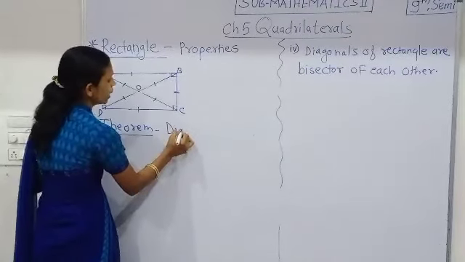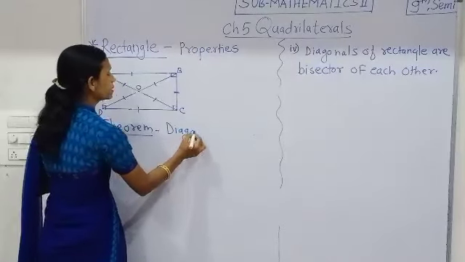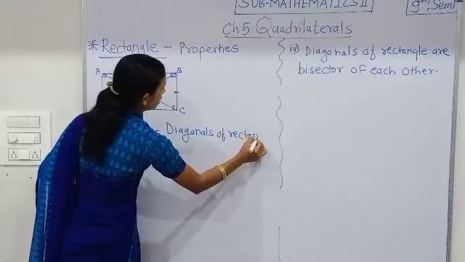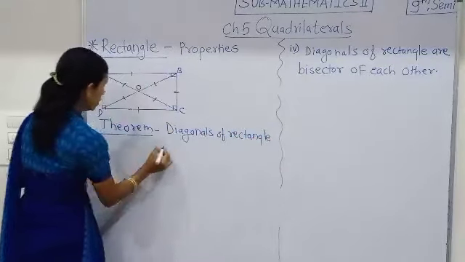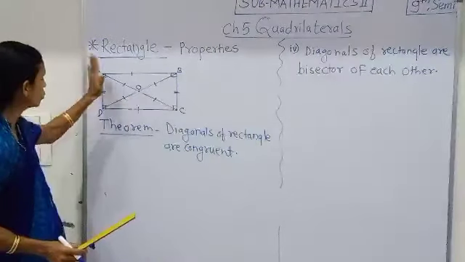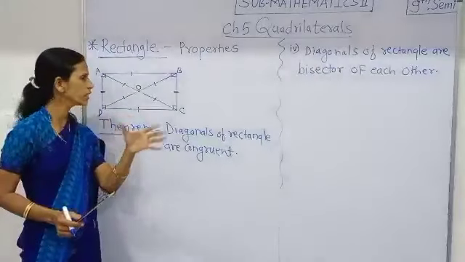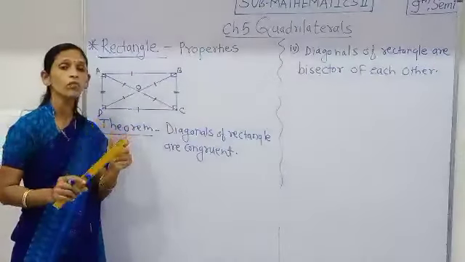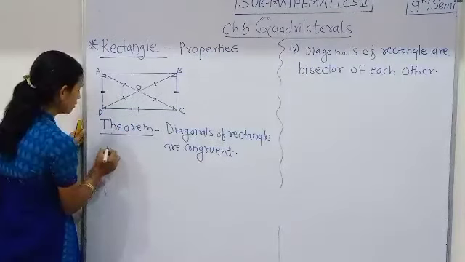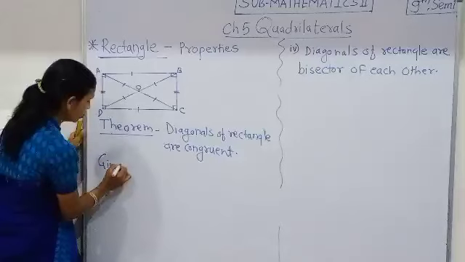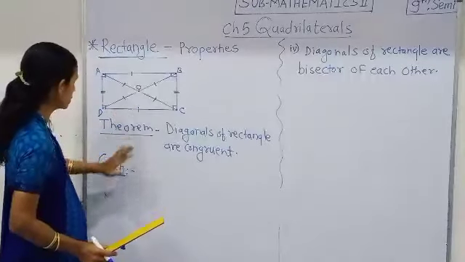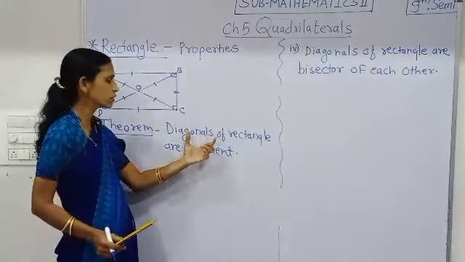The theorem which we have to prove is: diagonals of a rectangle are congruent. We have to prove this on the basis of the properties of rectangle which we already know. First of all, we have to write the given concept or given properties which are given in this statement.